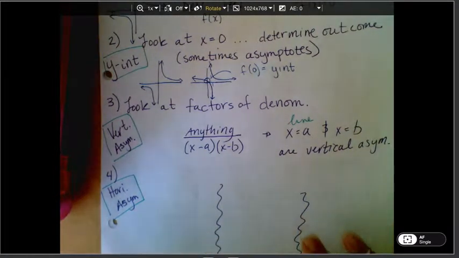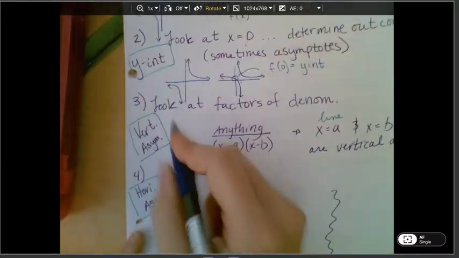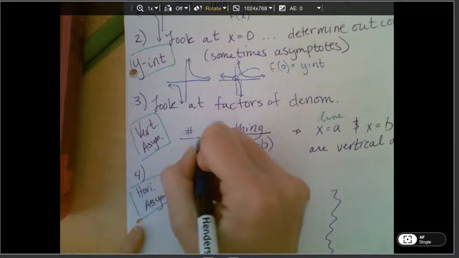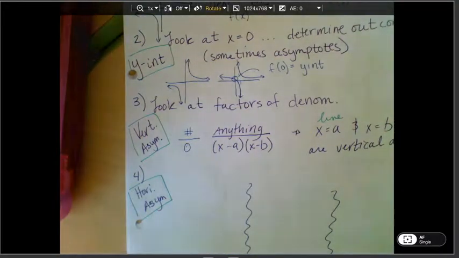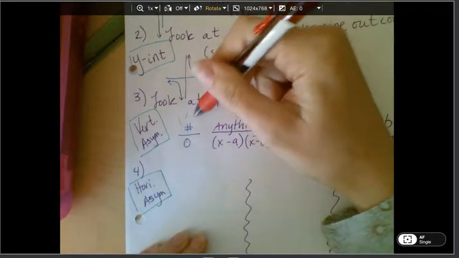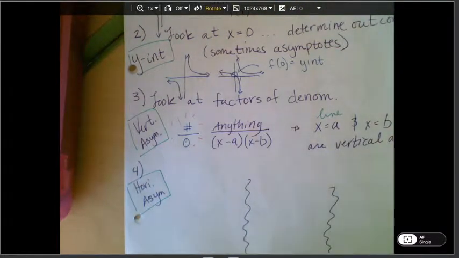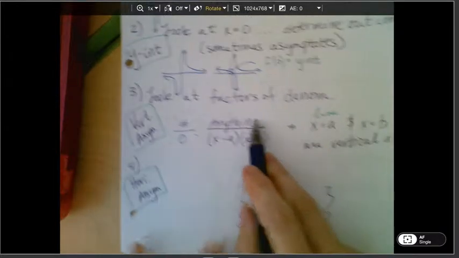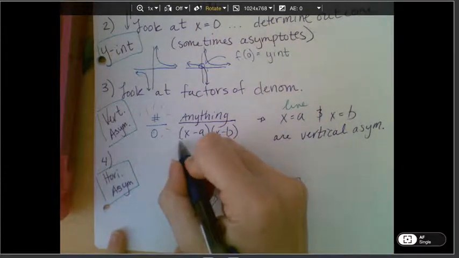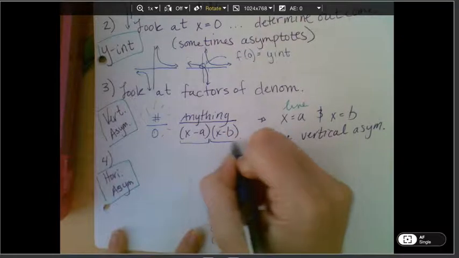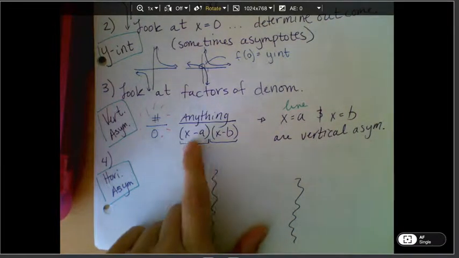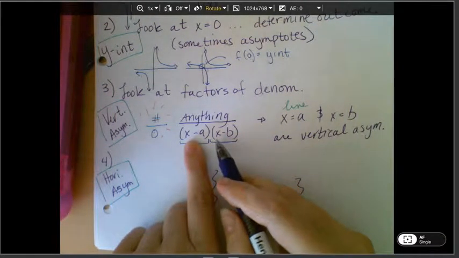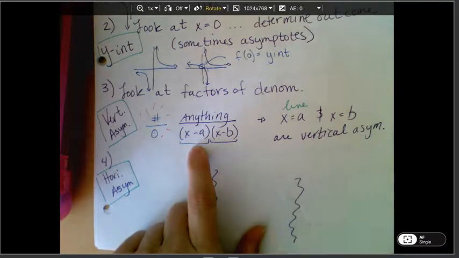And then three, look at the factors of the denominator, because if I have a number over 0, what happens? The world explodes. So it doesn't matter what's in the numerator. If I'm somehow able to make either this quantity or this quantity equal 0, because this could be 12 on this side and this could be 0, and you're still blowing the world up.